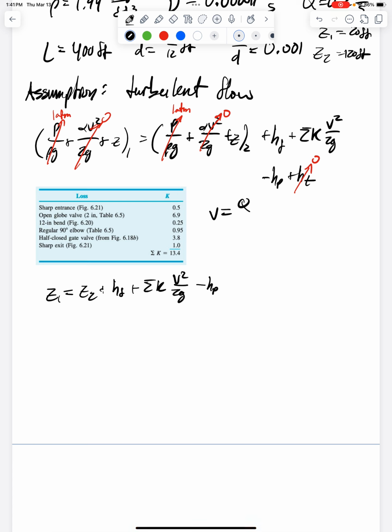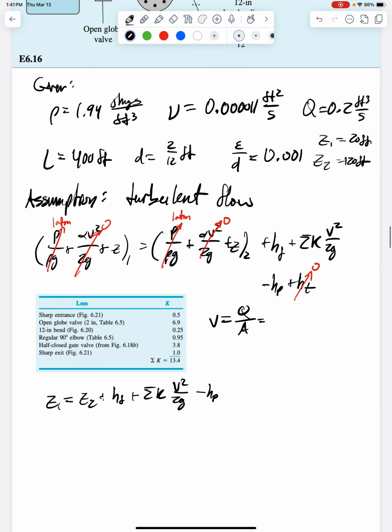V is just the volumetric flow rate divided by A. That is 0.2 cubic feet per second divided by pi over 4 times diameter squared. I get 9.17 feet per second.